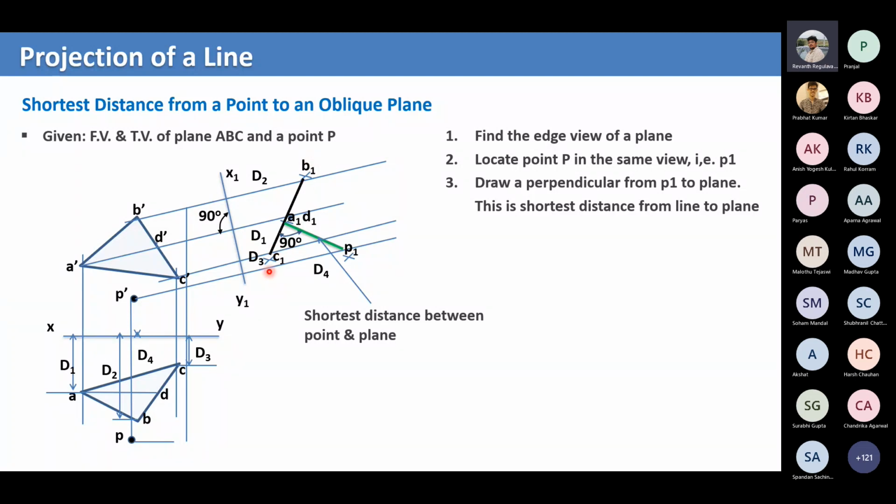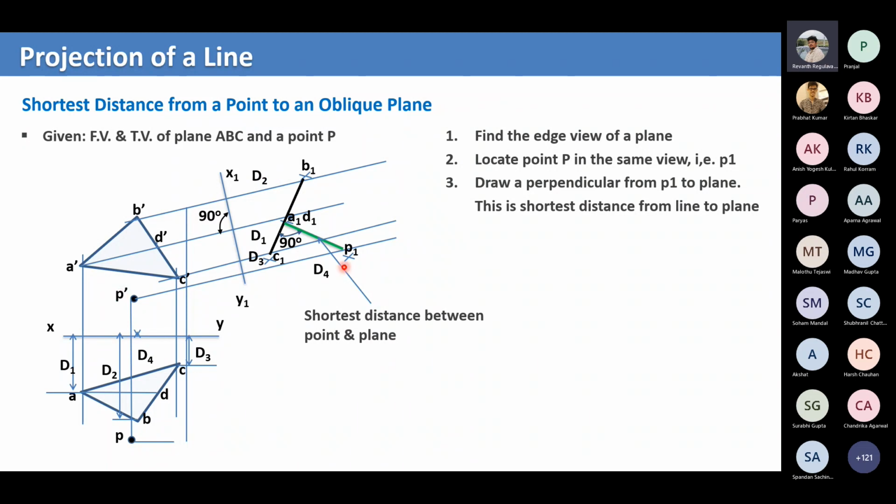So this is the plane, and similarly we project this point P onto the auxiliary plane, and we get the auxiliary projections. So this whole thing here is the auxiliary projections of the plane ABC and the point P.